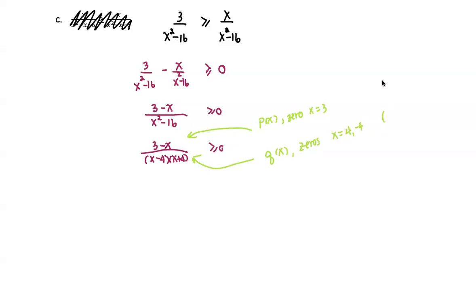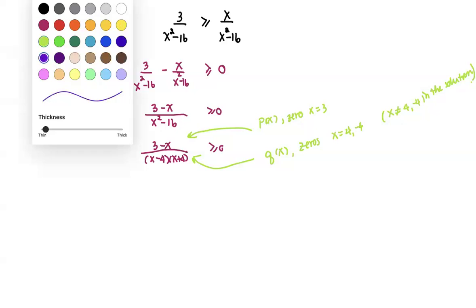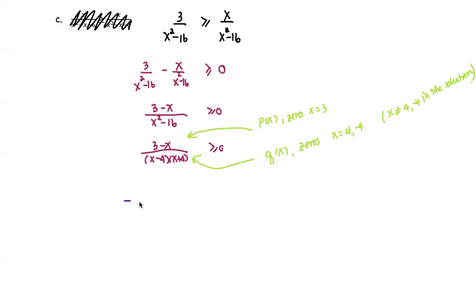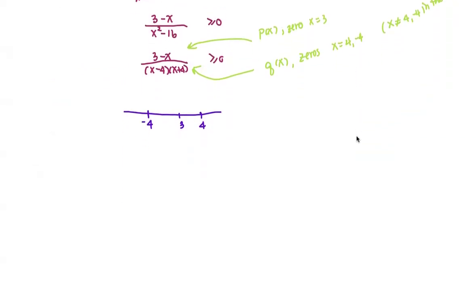In this case, we just make sure that we do not include them in the solution because they are not in the domain. Once we get our three numbers, we're going to put them on the real number line. Put the -4 here, 3 and 4. And then we're going to determine the sign within each interval.